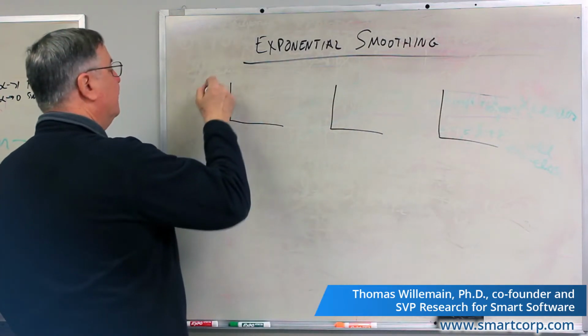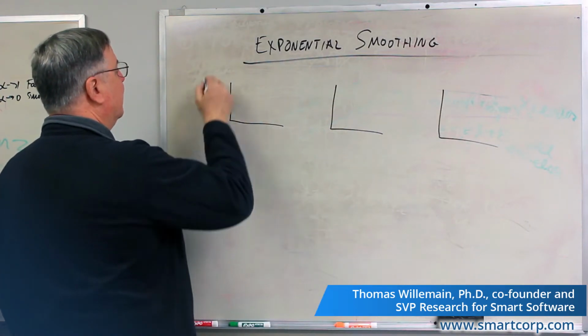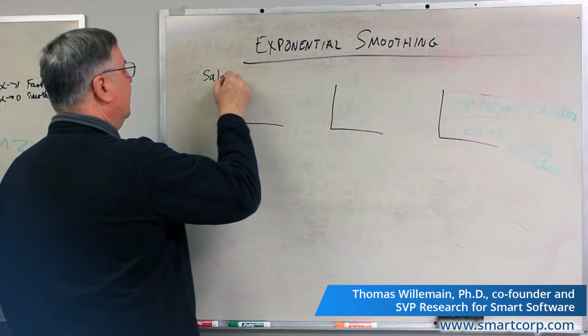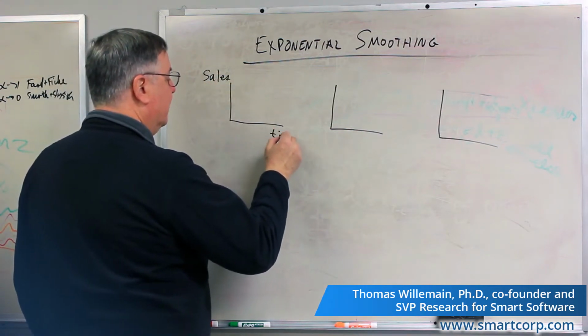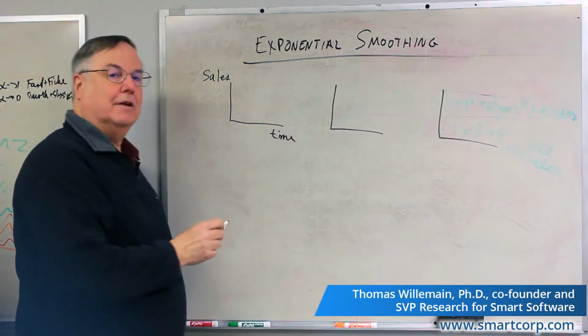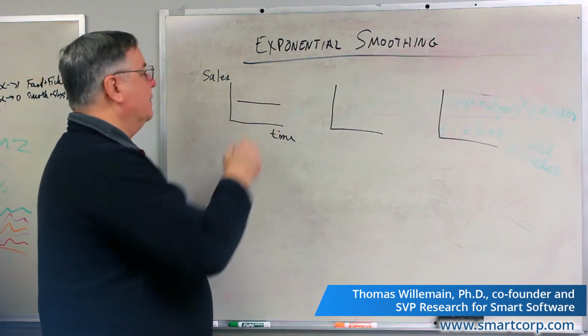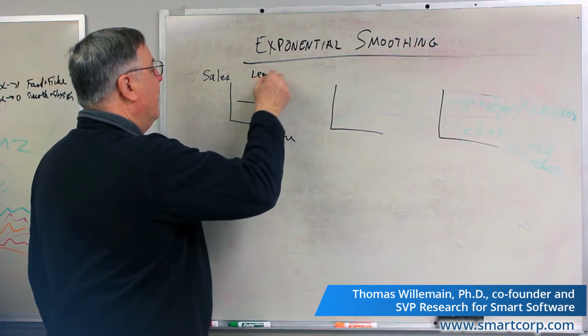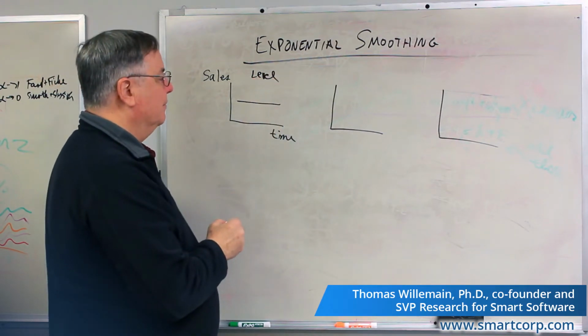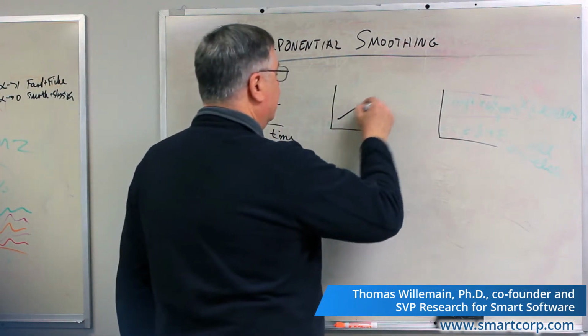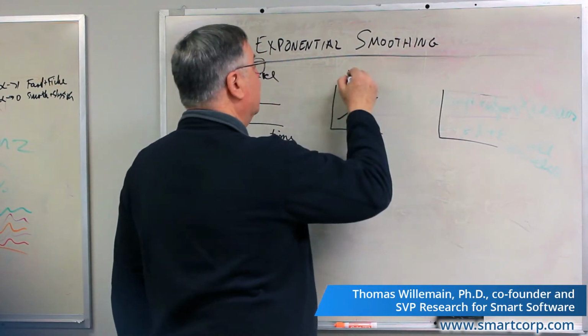So we're going to have some variable that we want to forecast, and maybe we'll call it sales, and we have time, and in the ideal world, we have a data set that may look like that. We'll call that a level series. Or we may have a data set that looks like that.